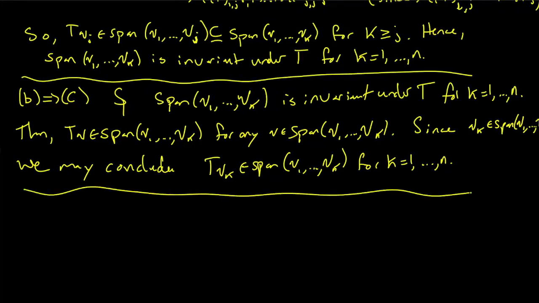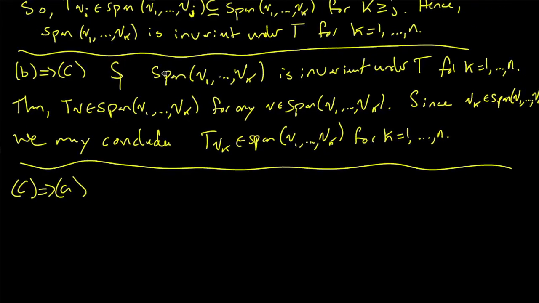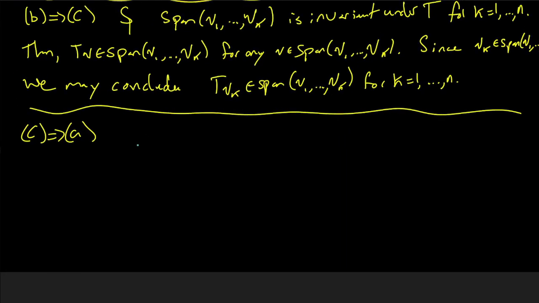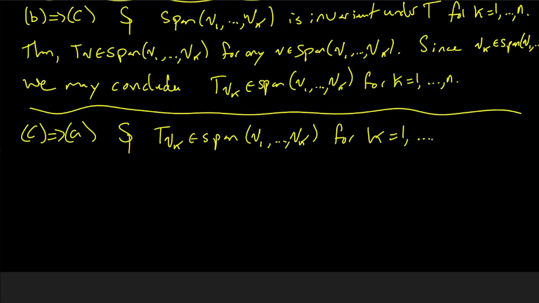Okay, now let's show that C implies A. This finishes the proof, since we can go from any one to any other just by following this little circle around. So for C implies A, suppose T vk is in the span of v1 through vk for k between 1 and n.